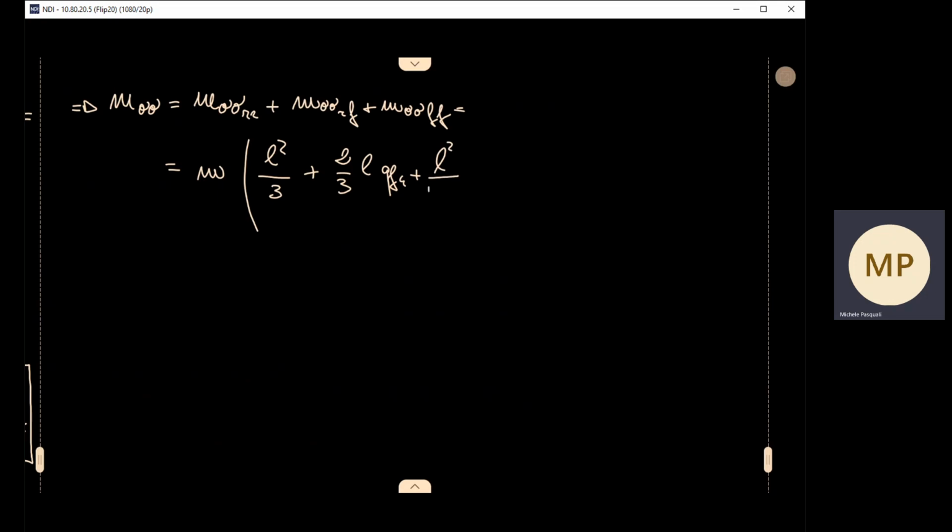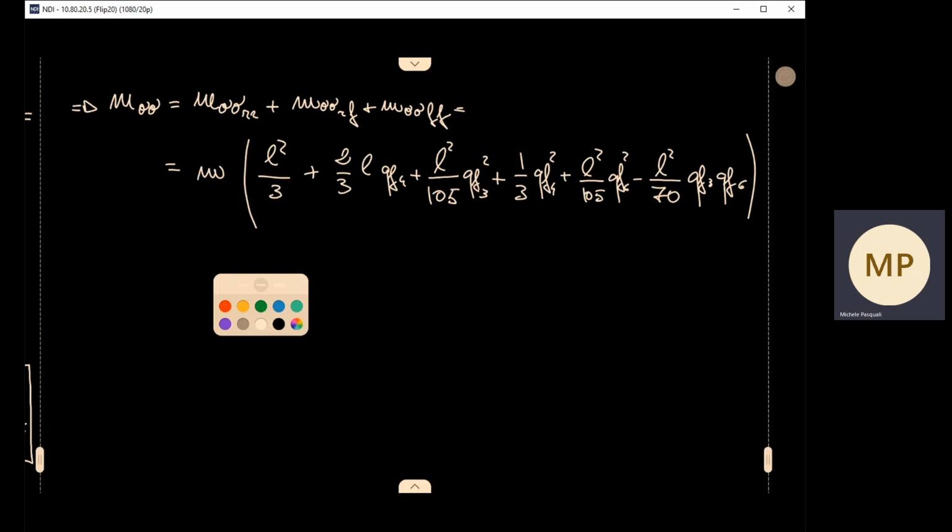plus L squared over 105 QF3 squared is 3 plus 1 over 3 of QF4 to the second plus L squared over 105 applied to QF6 squared minus L squared over 70 QF3 QF6.